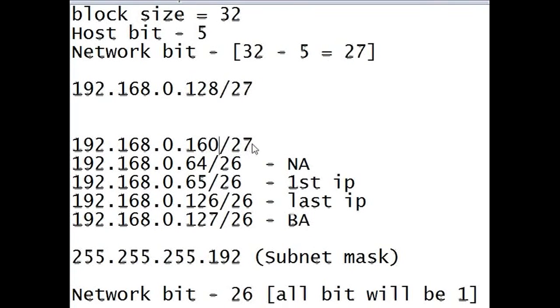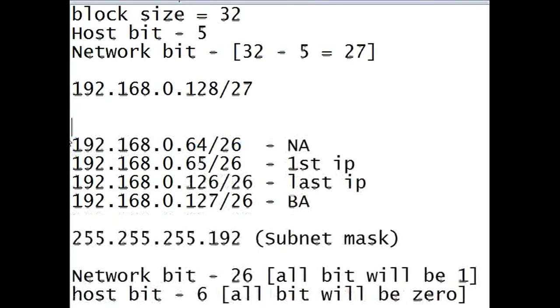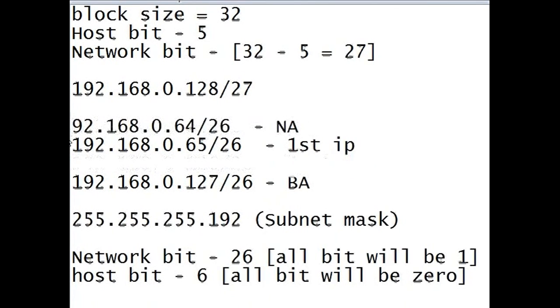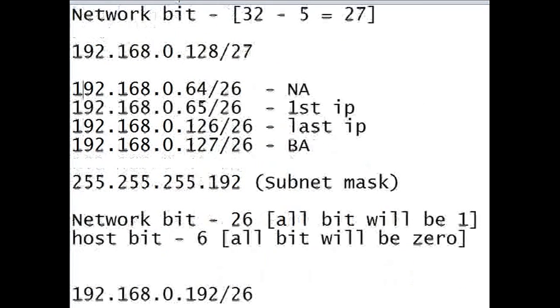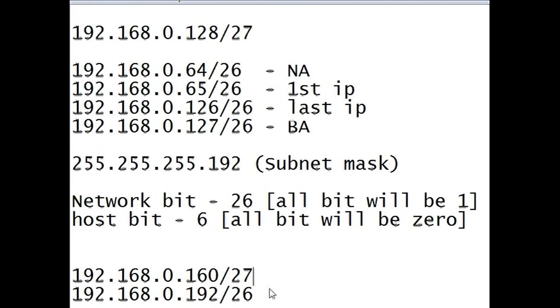So this next subnetwork I will not use. The next subnetworks will be used for the next calculation. So this I have done. This subnetwork is .128/26.